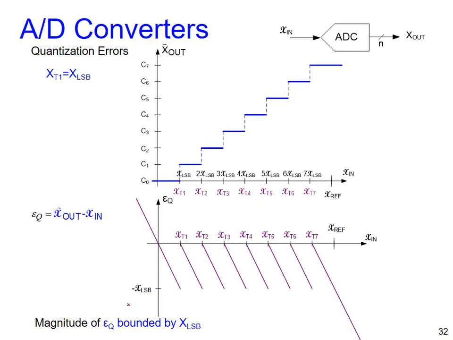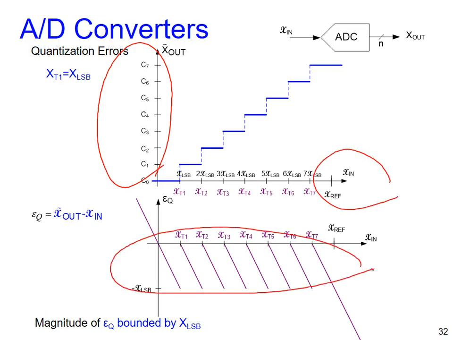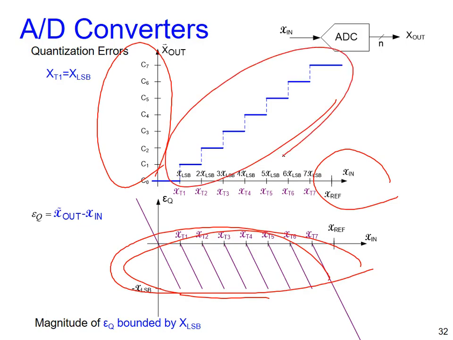But if you subtract your representative analog value from your real input value, you will see, wow, the quantization error look like this. Even though this is ideal, you still get one LSB in error.